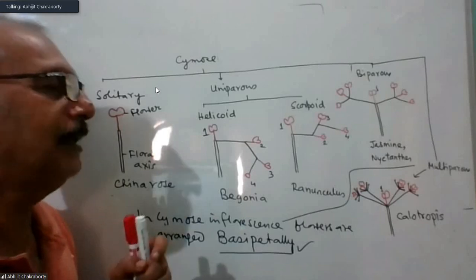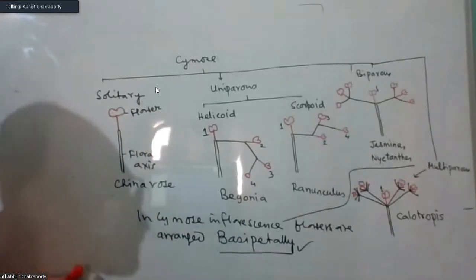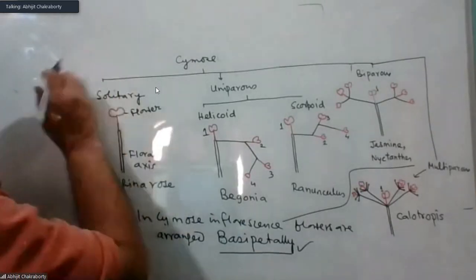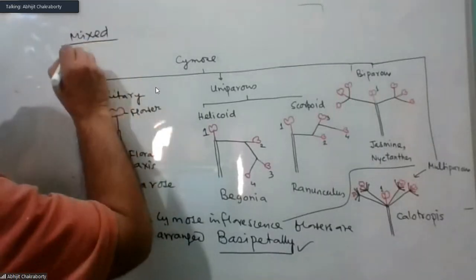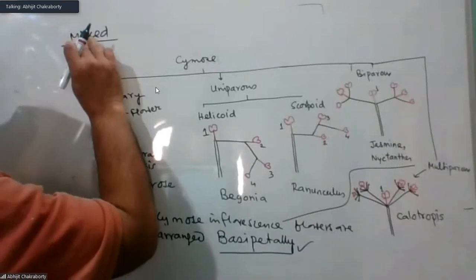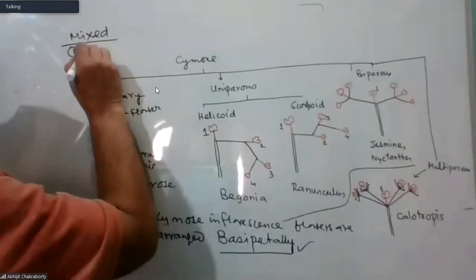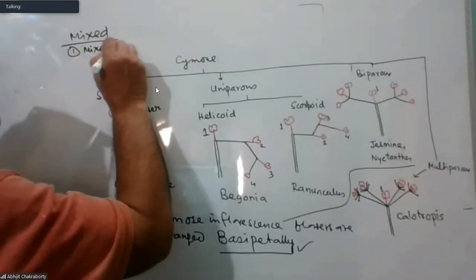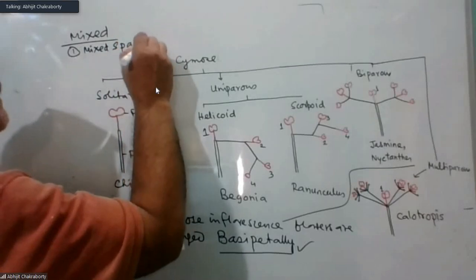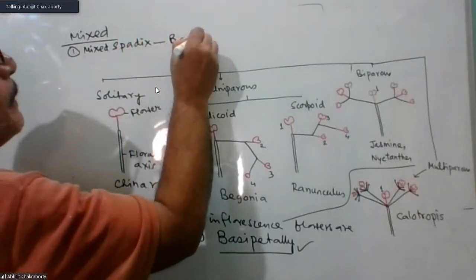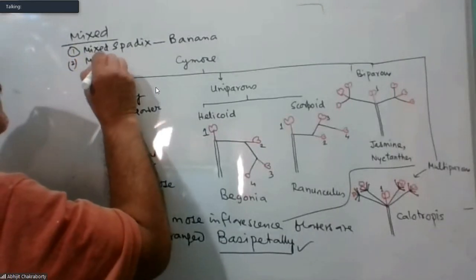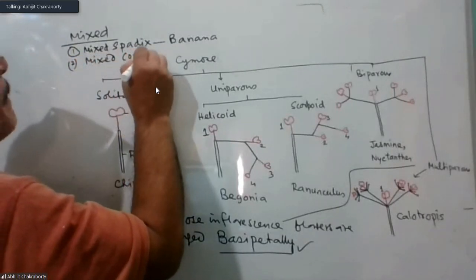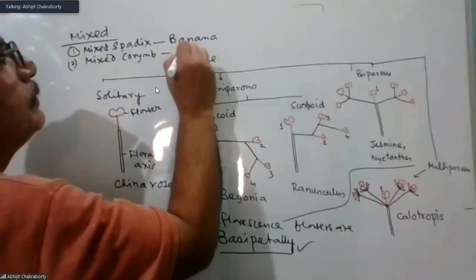Now, after that, I'm discussing two more types. One is mixed spadix, found in banana, and mixed corymb, found in ixora.